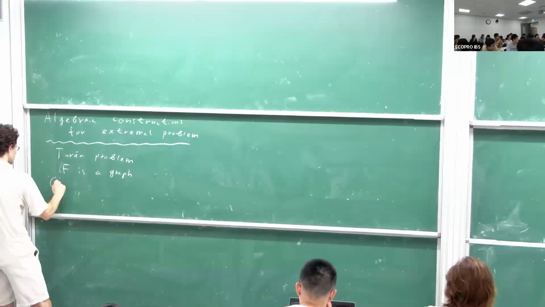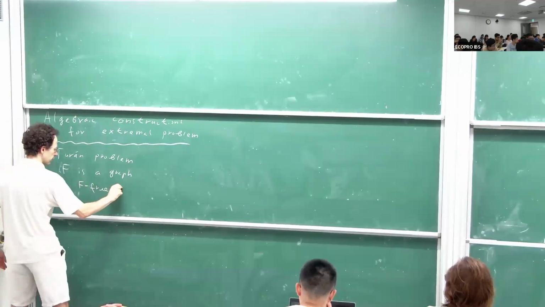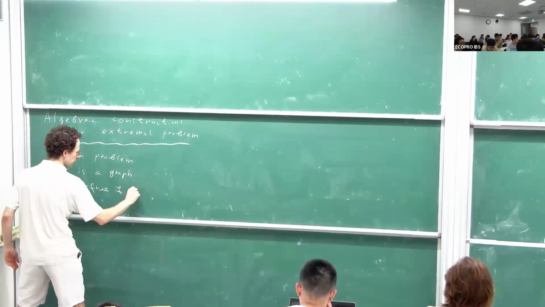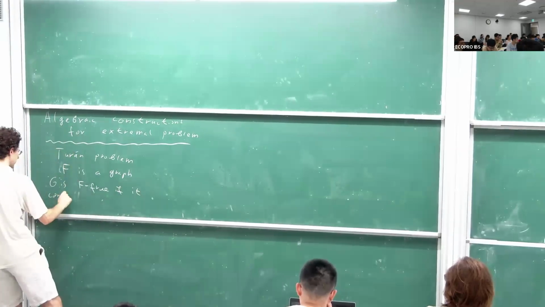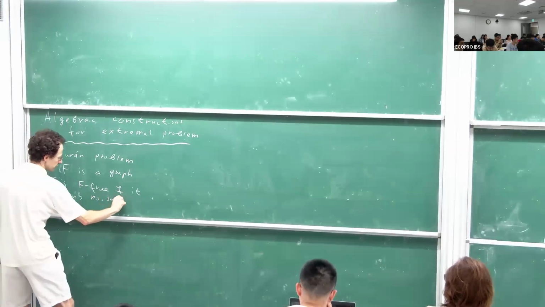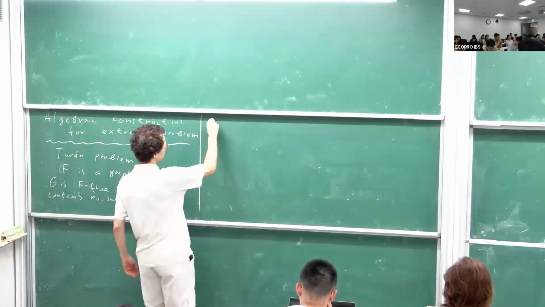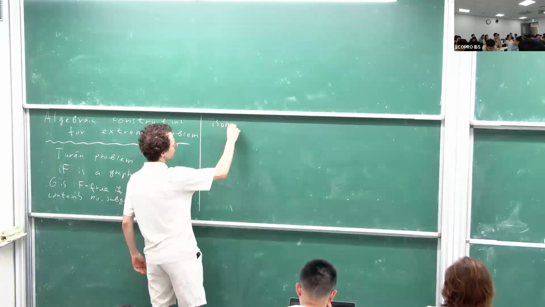So G is F-free if it contains no subgraph isomorphic to F.